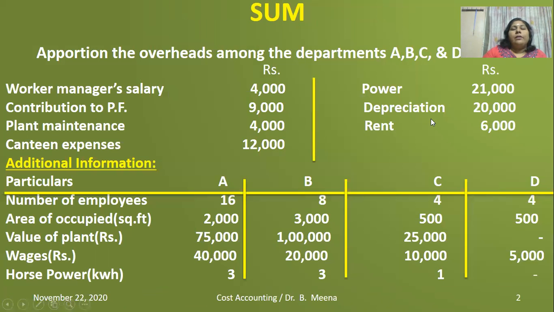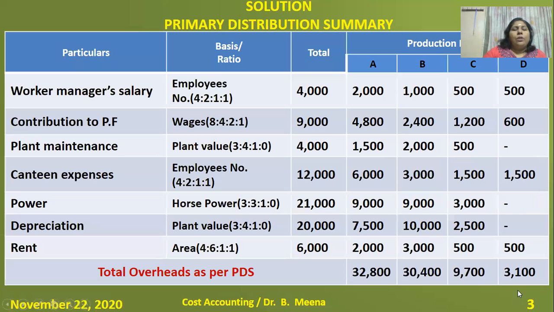Next, power. For power, I can match this expense with the HP of plant, so 3 is to 3 is to 1 is to 0. Now look at this calculation. Out of 21,000, 3 by 7, 3 by 7 and 1 by 7 into 21,000, I'll get these values. The hyphen mark means nil.